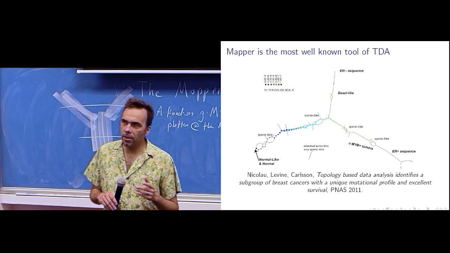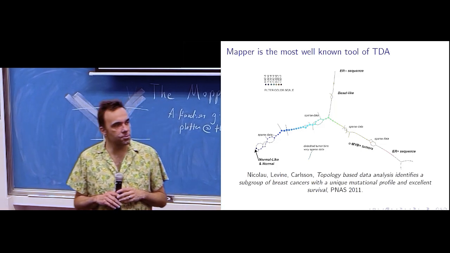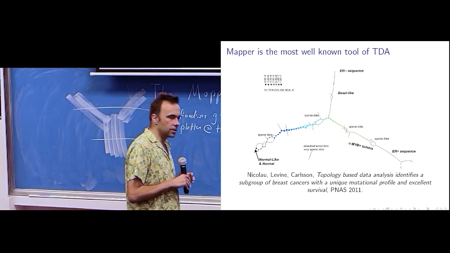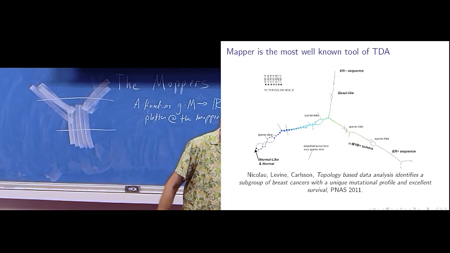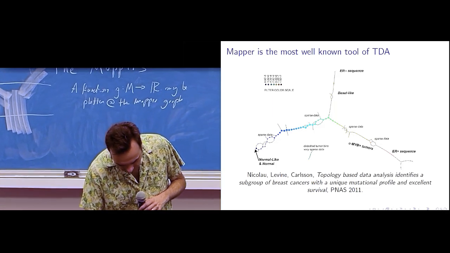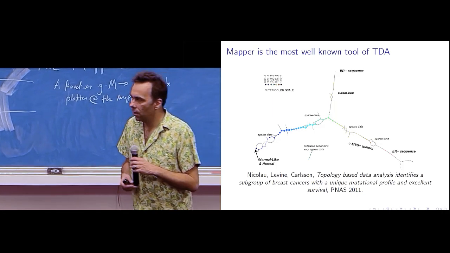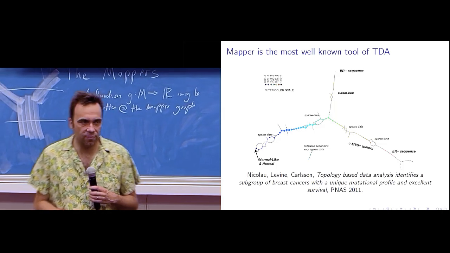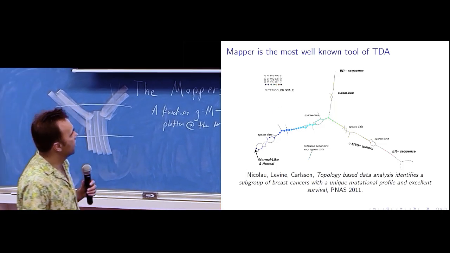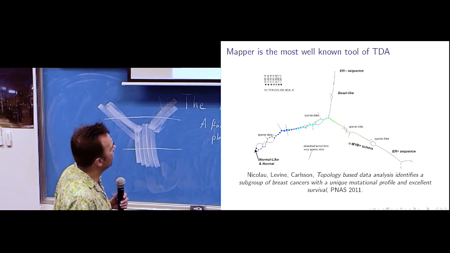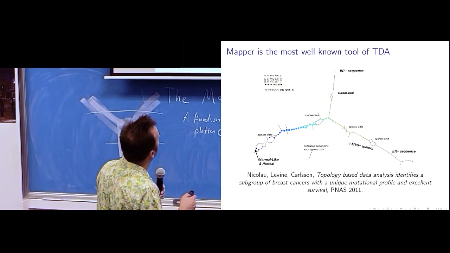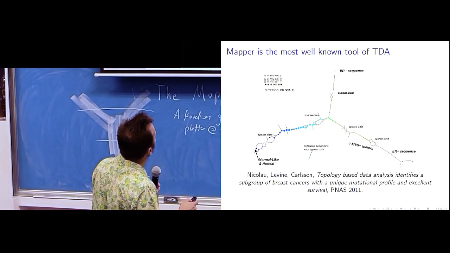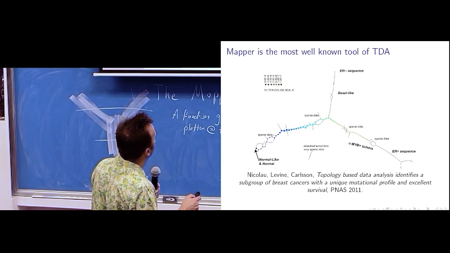NKI is the Dutch Cancer Institute, and this is a very explored data set, explored with various different tools. And what they did with Mapper, again, is this Y-shaped thing. The interesting thing they realized was this part.